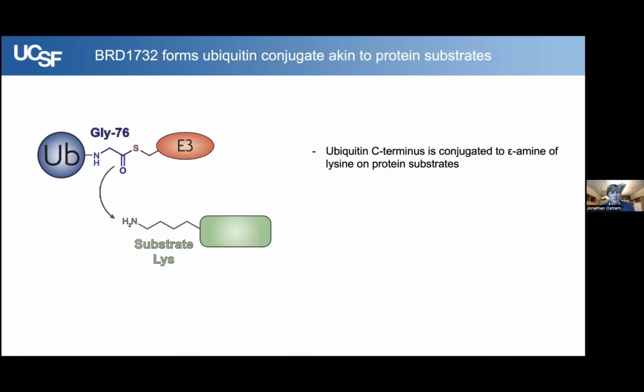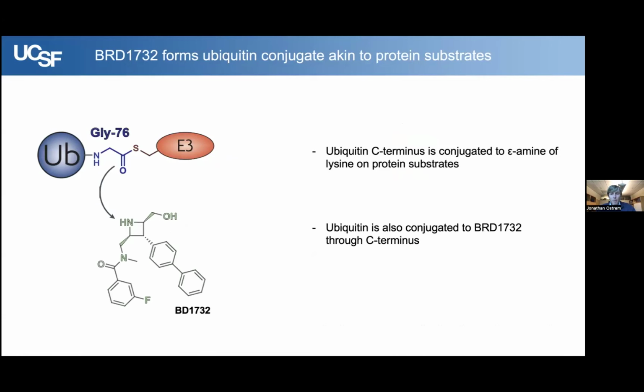So this suggests that just in the way that ubiquitin transfers from either an E2 or E3 ligase to a lysine on a substrate protein, our compound is acting akin to a protein and getting directly ubiquitinated, transferred to the C-terminus of ubiquitin itself.